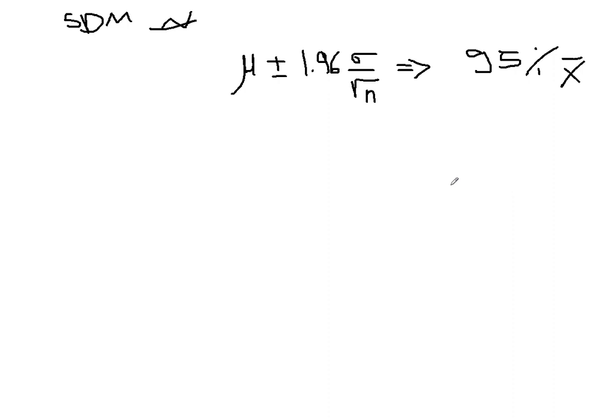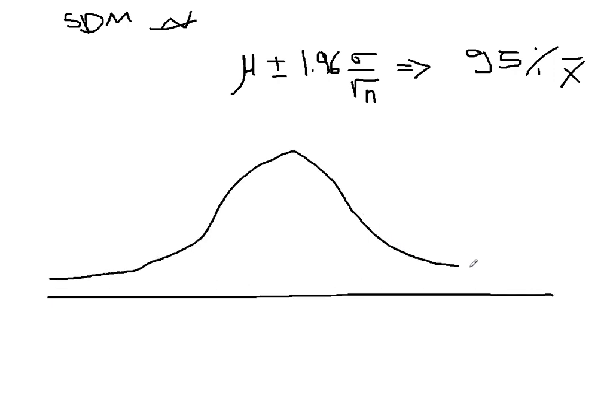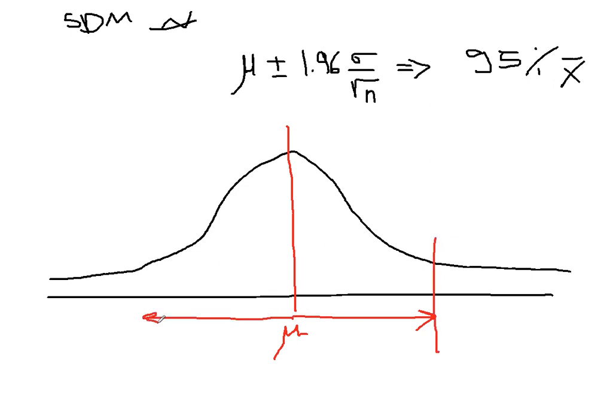Right. So let me draw it again just for the fun. So here's our SDM. It has a normal distribution, and right in the middle you have mu. And if you go up 1.96, you find the upper limit. If you go down 1.96, you'll find your lower limit.